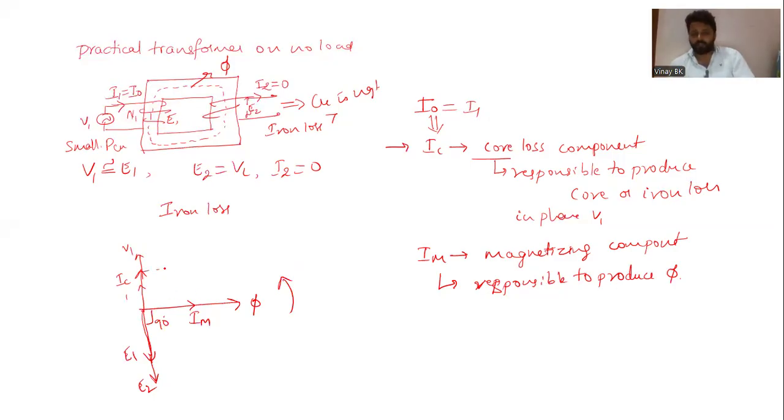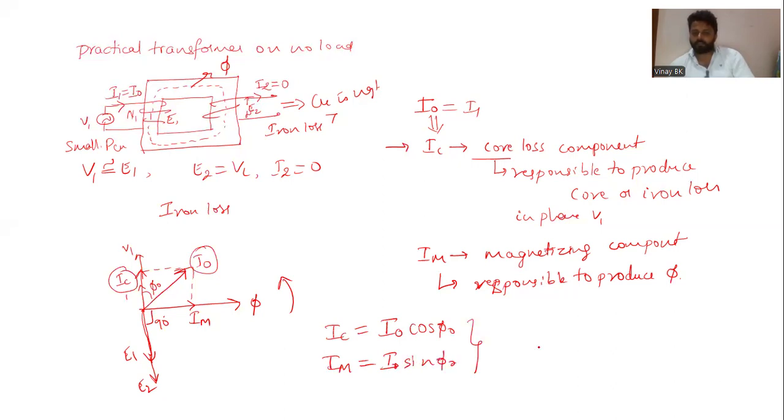So if you add this IC and IM, you will get the no load current I0, and the angle between I0 and V1 is phi naught. Okay, this is how you write the phasor diagram for no load. So how can you write this IC and IM? IC is with respect to I0, you have two components now. So you can write IC is nothing but I0 cos phi naught, and IM is nothing but I0 sin phi naught.